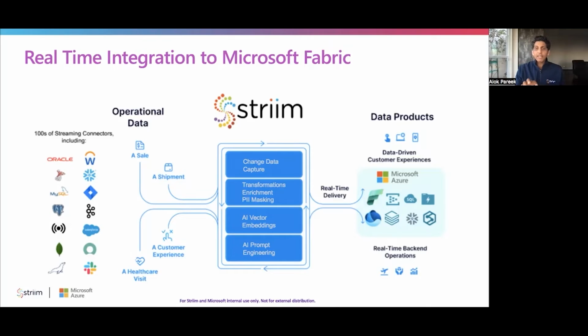Now, once the data is collected using an out-of-the-box adapter, which you just drag and drop in a very simplified manner without writing any code, you are able to massage and manipulate that data using the second part of Striim's offering, which is the stream processing capability.